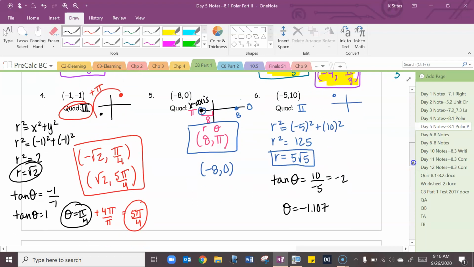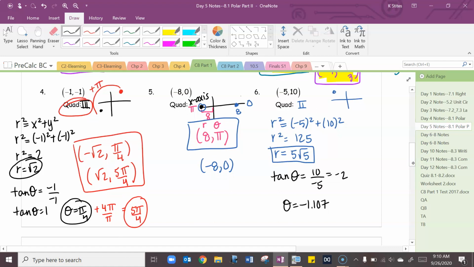Okay, well, let's think about where that is. -1.107, obviously it is, well, it's in quadrant 4. How do you know it's not in quadrant 3? Well, here's the fast answer. This is pi to go around half the circle.